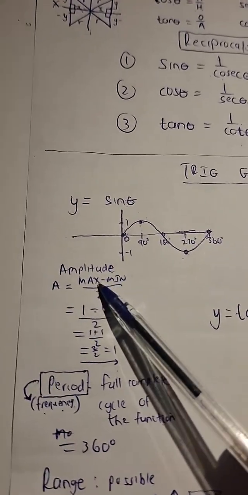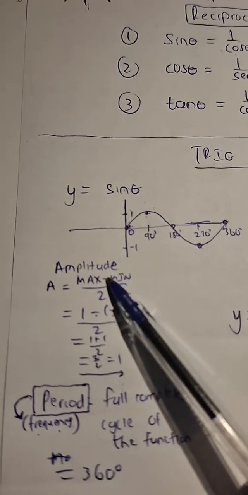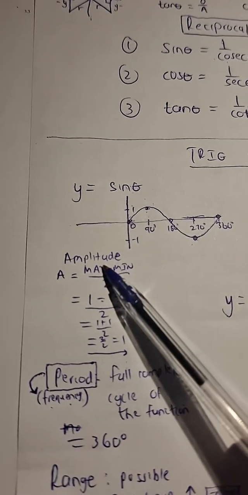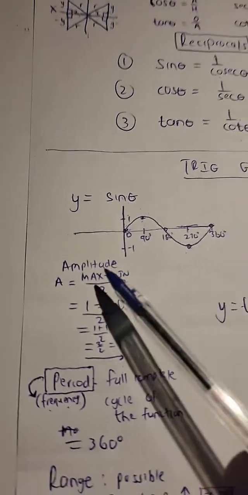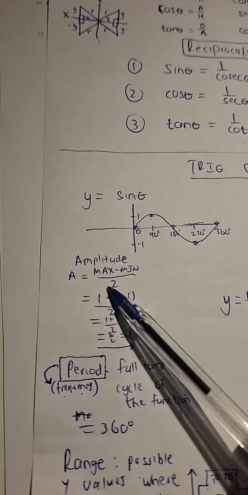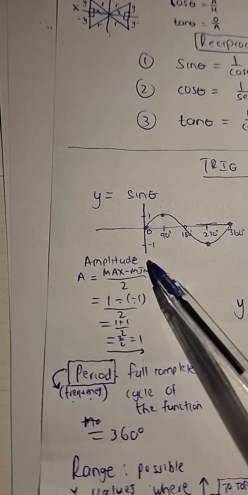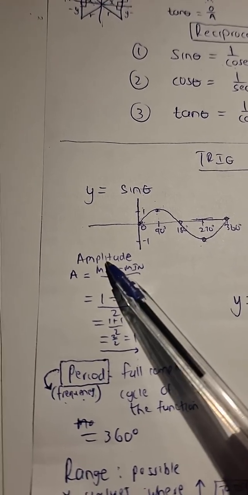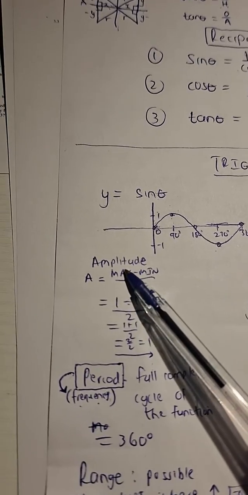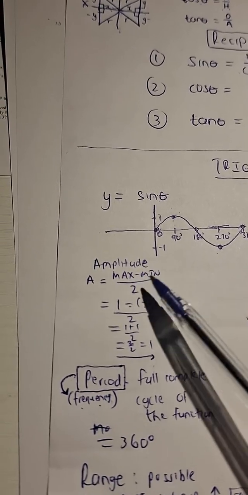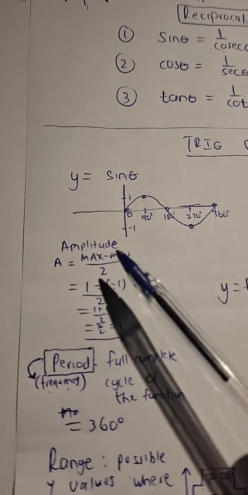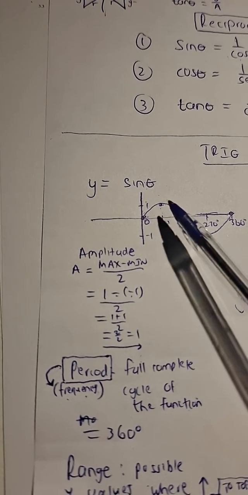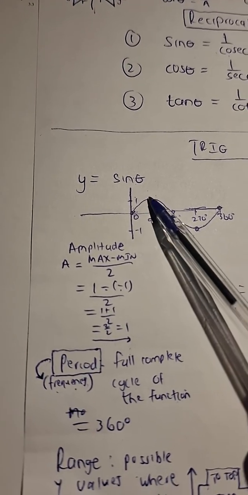Amplitude, all right, is basically the maximum minus the minimum divided by 2. Okay, that's what the amplitude is. You take your maximum value, if your maximum exists, you take it, you subtract your minimum value, then you divide it by 2 to get your amplitude. So what is the maximum number? It is y.